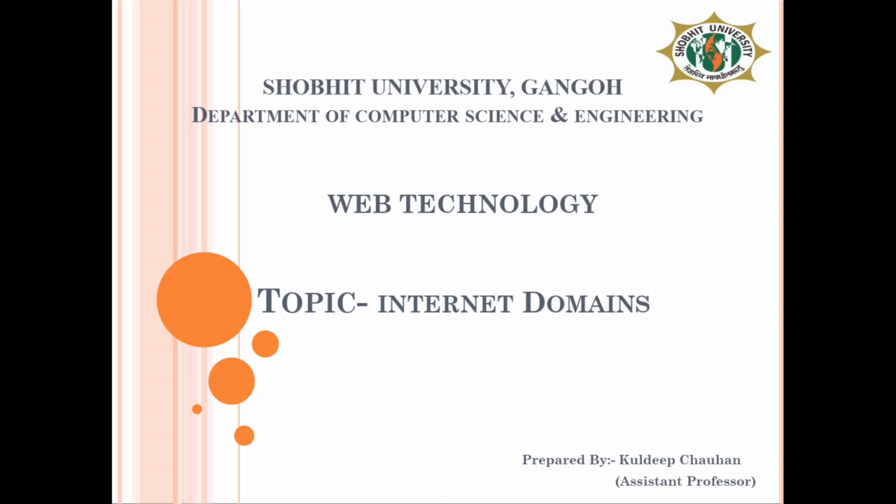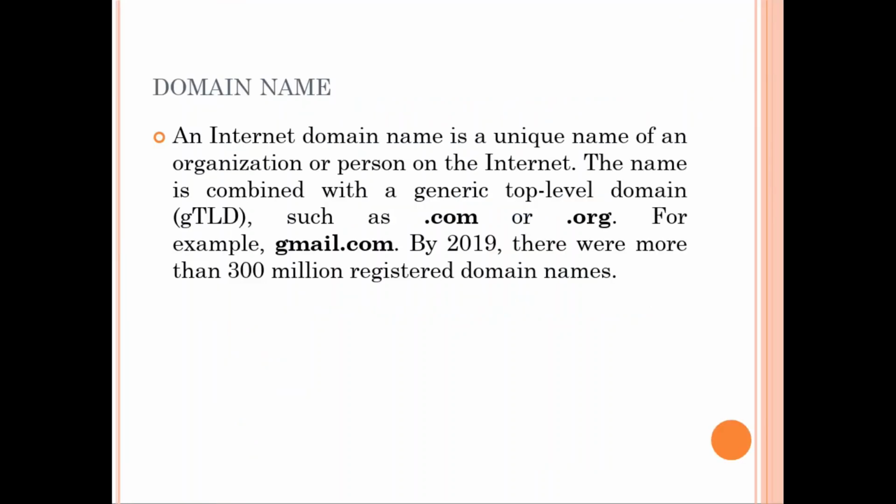You can think of a domain like www.google.com. This is a domain, and you cannot find two organizations or two networks with the same internet domain, as the domain name is a unique name of an organization or person on the internet.